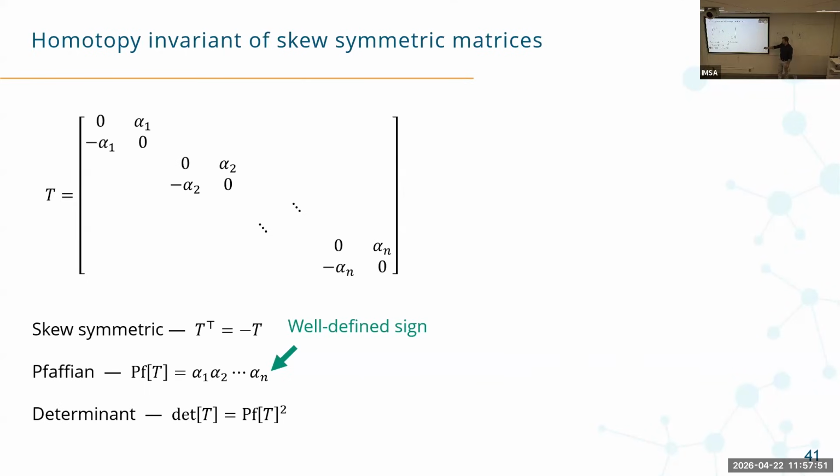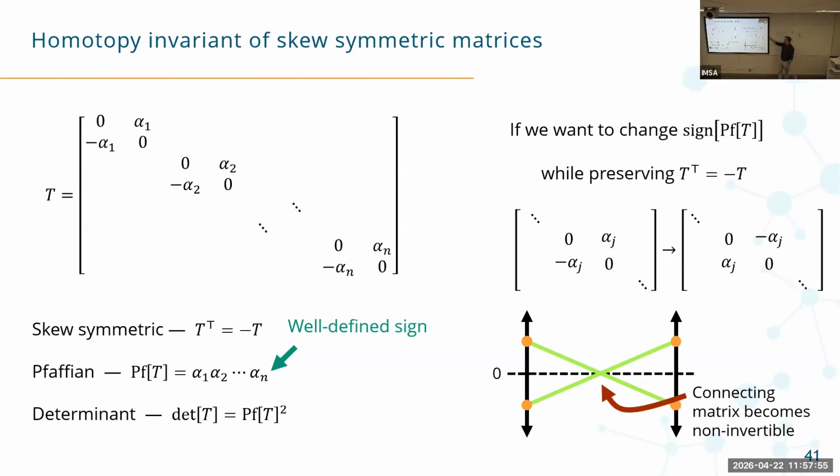The key, though, as I think everyone appreciates, is that the Pfaffian has a well-defined sign. If we want to change the sign of our Pfaffian while preserving the skew symmetry of our system, what it's saying in this example is that I want to flip the sign on one of these blocks. And this is going to mean that I have to drag two eigenvalues across zero because they come in pairs.